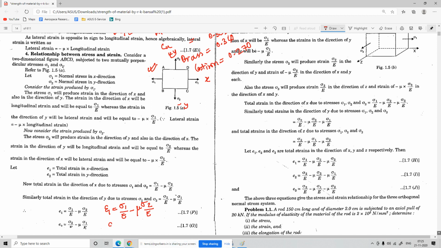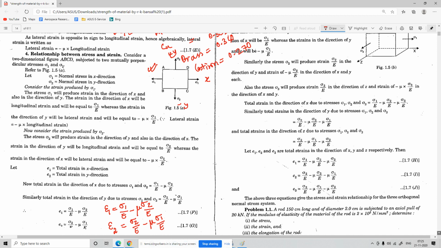To find the strain in the other direction, the formula will be sigma 2 by E minus mu sigma 1 by E. Got it?